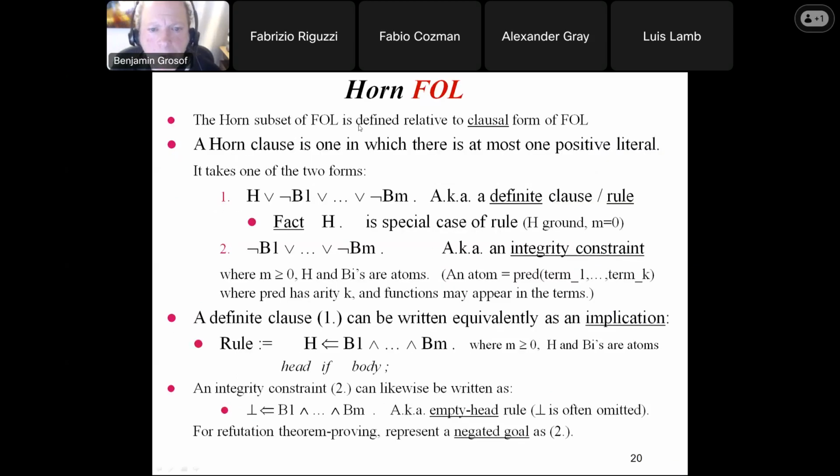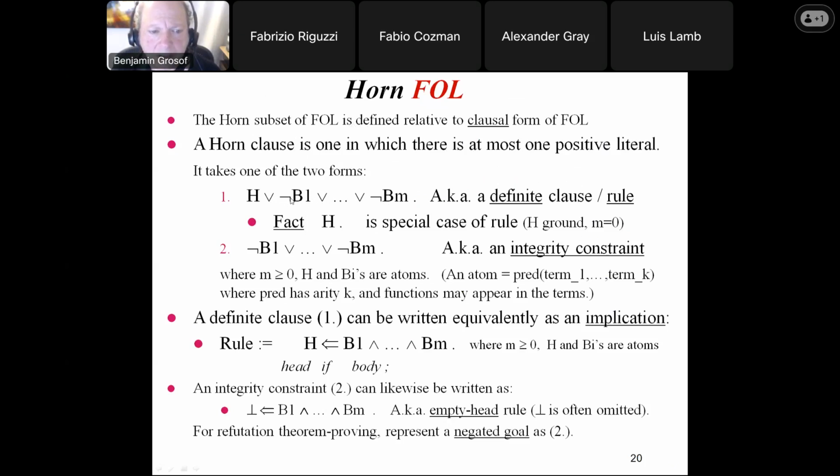Horn FOL is defined relative to the clausal form of FOL. A Horn clause is one in which there's at most one positive literal. So here, H and the B sub i's are all atoms. This symbol, the upside down V here, means or.